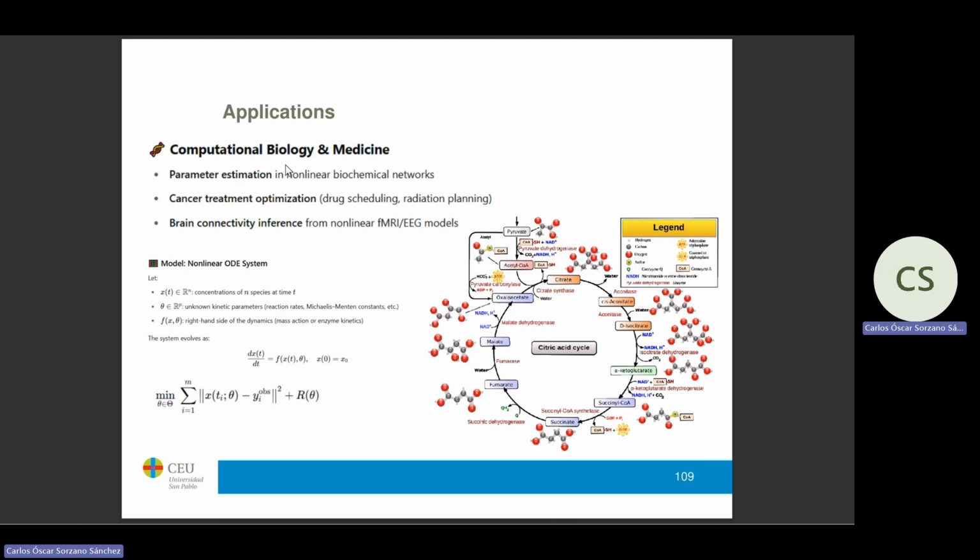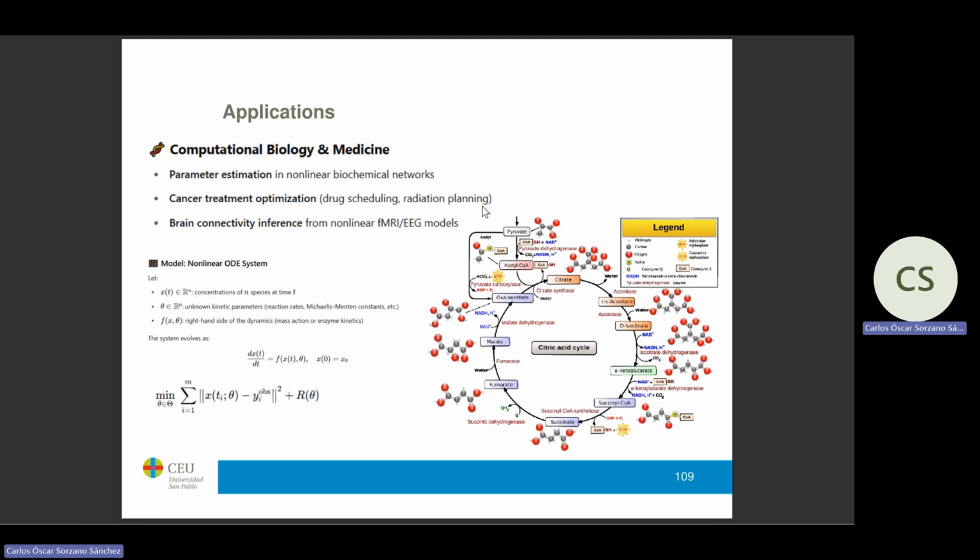So this is parameter estimation in nonlinear biochemical networks. A different one that is also related is drug scheduling. I can simulate what will be the response of the system to some drug scheduling treatment. And radiation planning.